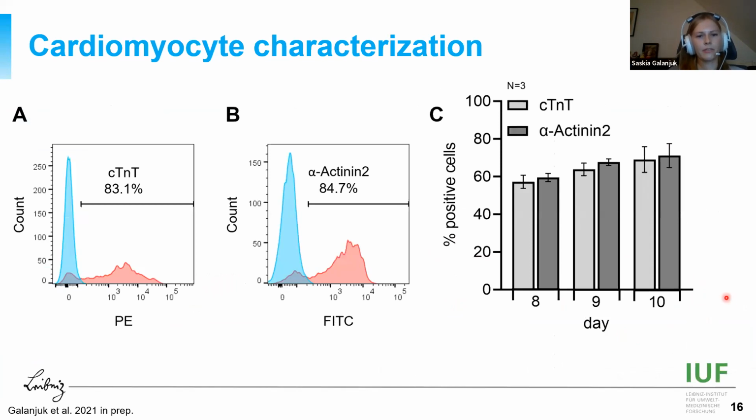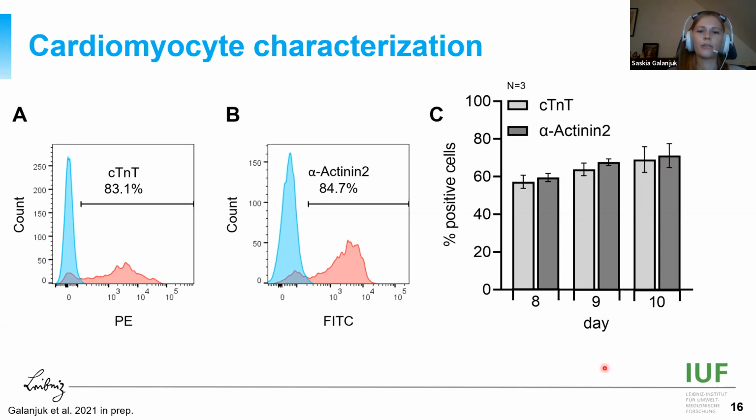The quantification of cTnT and alpha-actinin positive cells via flow cytometry shows that we have about 80% cardiomyocytes, exemplary shown in A and B for day 10 cardiomyocytes. And to monitor the expression of these proteins during the development, flow cytometry was performed on days 8, 9, and 10. Although there is a tendency of increased expression of cTnT and alpha-actinin 2, it's not significant.